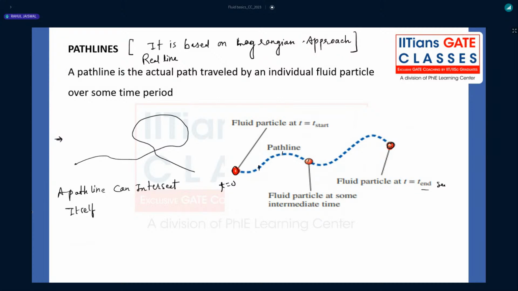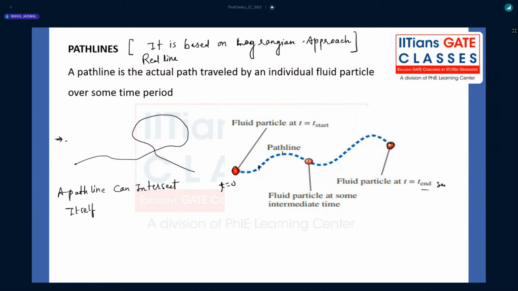These are a few very important points, because now the complete game in GATE examinations is on MSQ. Whether you get rank 170 or maybe rank 10, that difference will be created by MSQ only. That's why they introduced MSQ. So be careful about the theoretical questions also. A path line is the actual path traveled by the individual fluid particles over some time period.